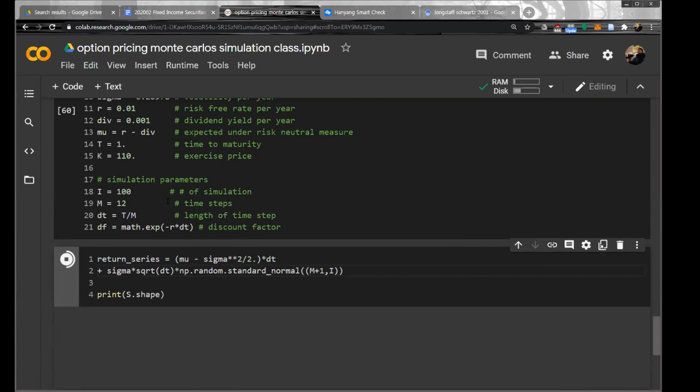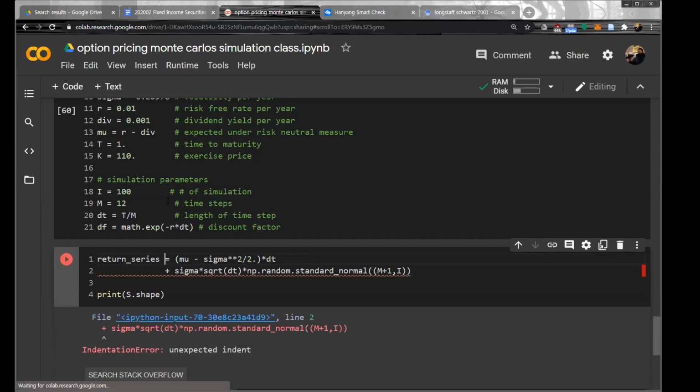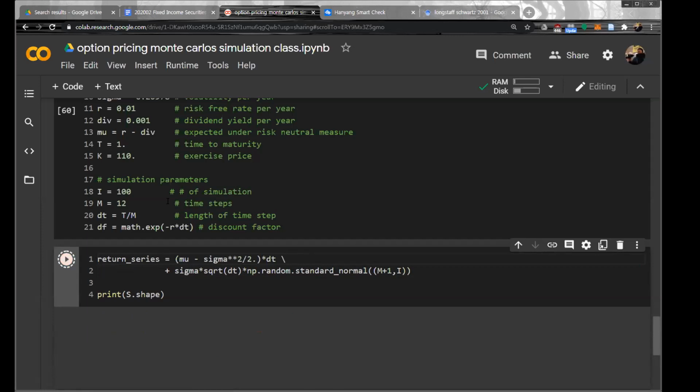Unexpected indent. Okay, this one is fine.